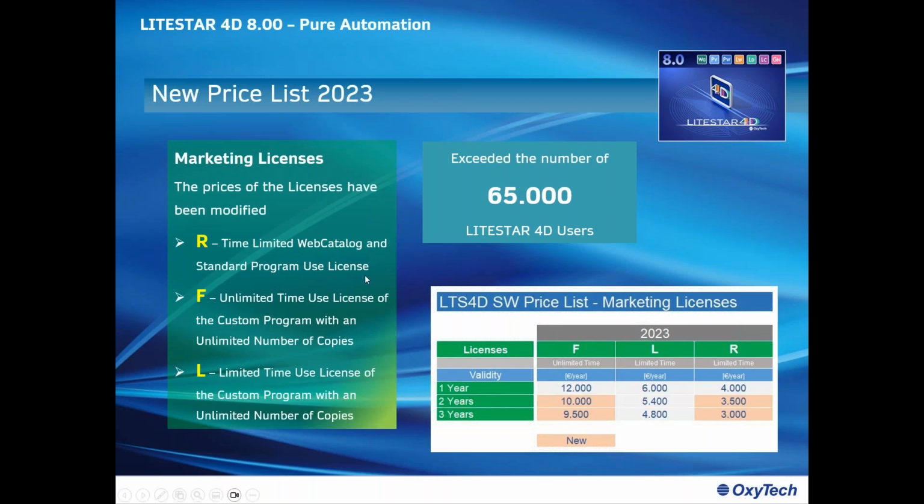This is possible, for example, with the R license, through which a manufacturer can create his own web catalog and let people select the products and download them into the project. The R license linked to the web catalog means that you, as a manufacturer, are open to using a system that is not only a simple electronic catalog, but mostly a data center.